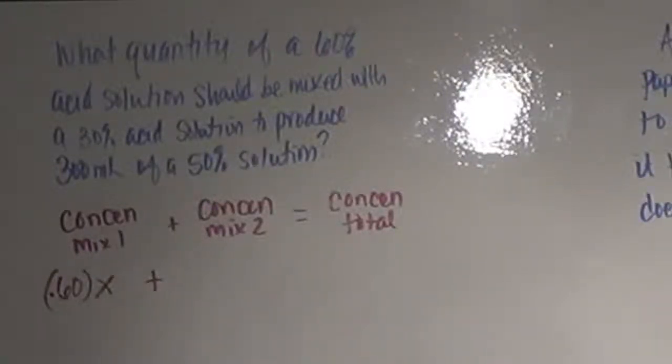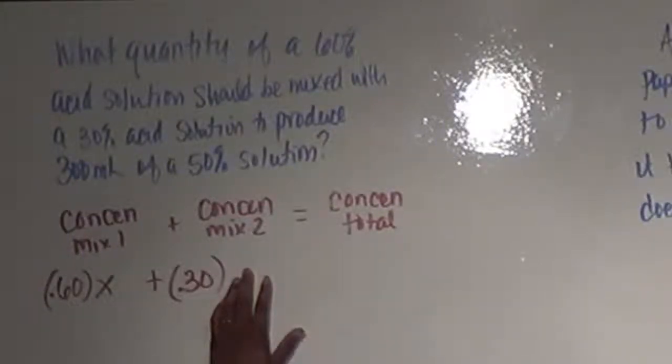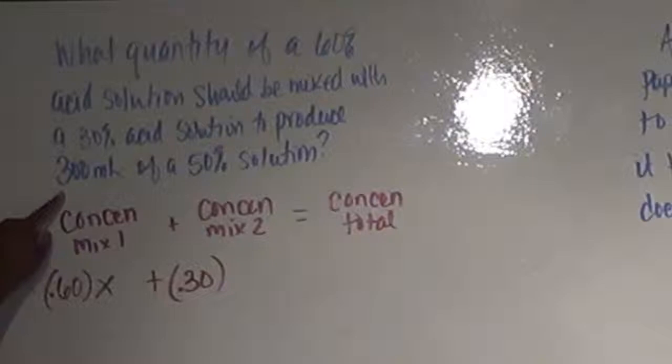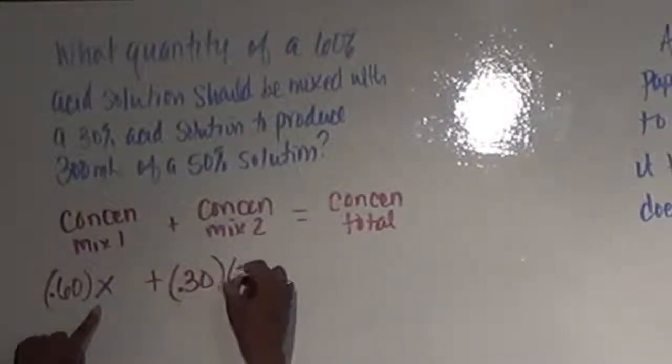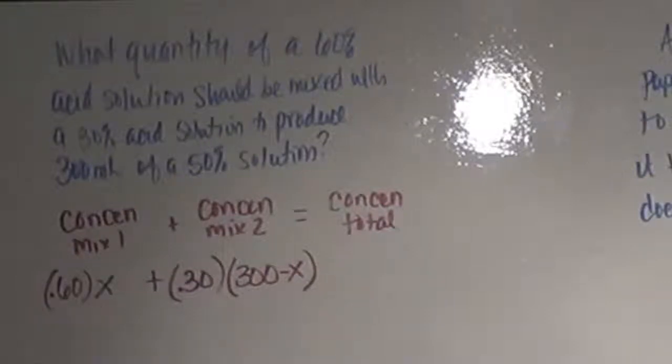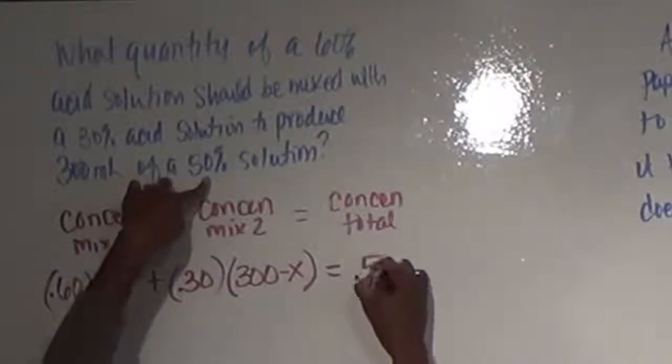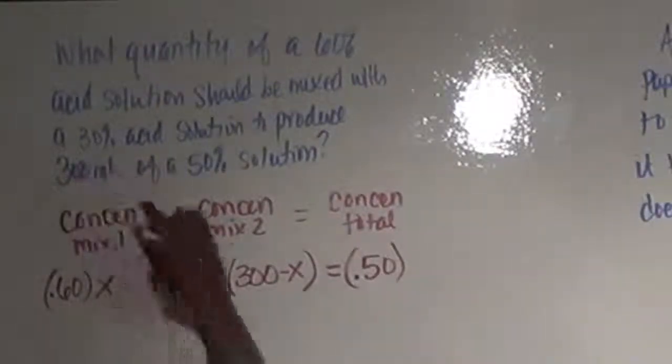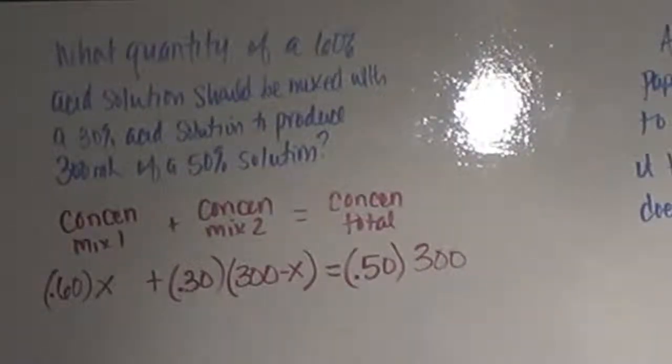The second solution, I know I have 30%. I don't know the amount here, but I do know there's a total of 300 milliliters. So if I had X of them here, I know this is going to be 300 minus X. Okay. And then for the total, I know I need a 50% solution, and it's got to be a total of 300 milliliters. Okay. So think of the percentage of the mixture times the amount for each mixture, and then you can set up your total.